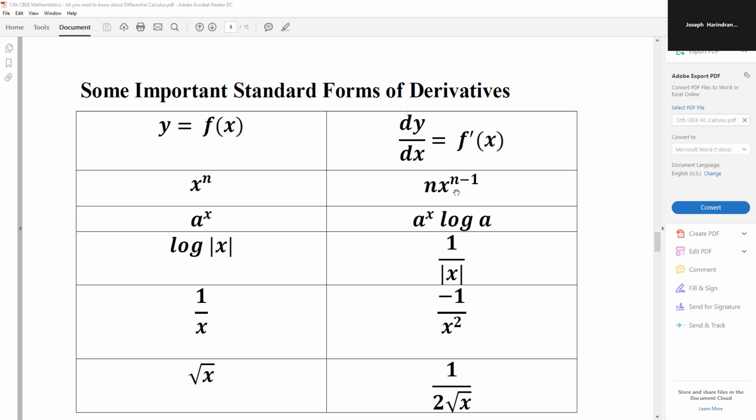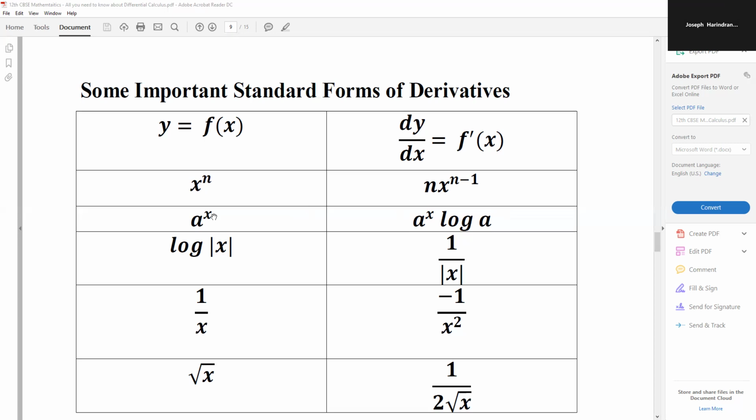The condition is that x is not equal to 0, of course, but otherwise it is valid. Any power can be differentiated like this, even if n is a rational number.